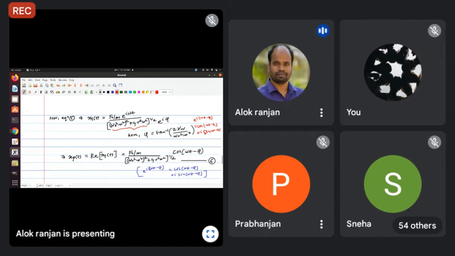So now the real part of this exponential function will be simply cosine(omega naught t minus phi). So that I have written down here.